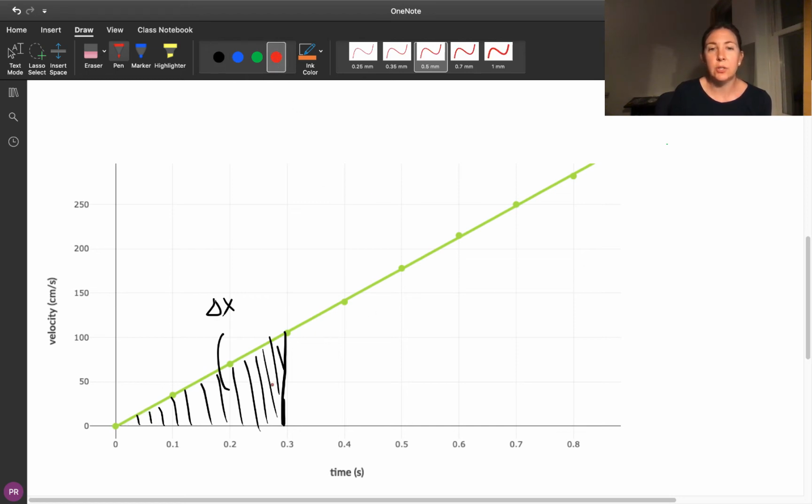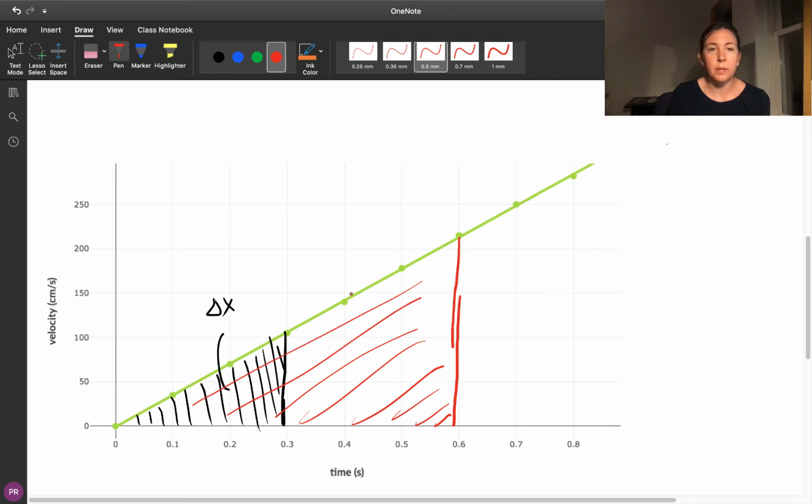And then I could double my time and see what happens to the area of my triangle. Now, let's just simplify it a little bit. Let's say that this is 100 and this is 200. We're going to just do a little math.